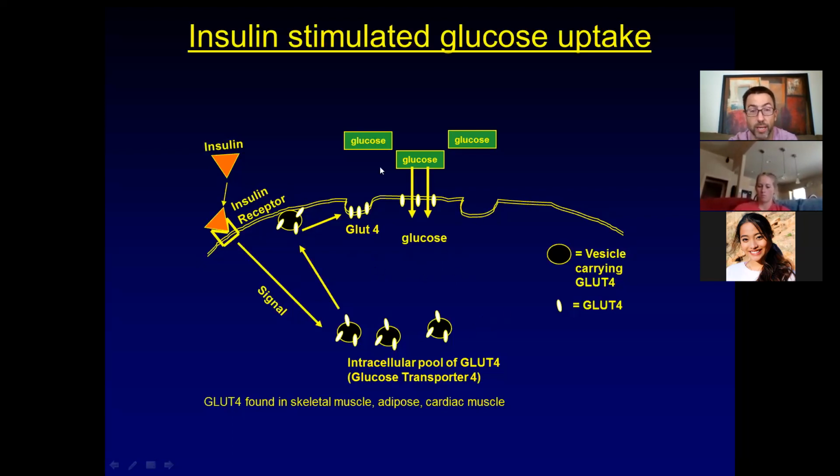Then eventually these GLUT4 molecules get sucked back up into a vesicle and recycled, and hang out again on the inside of the cell and wait for the next signal from insulin to tell them to move up.